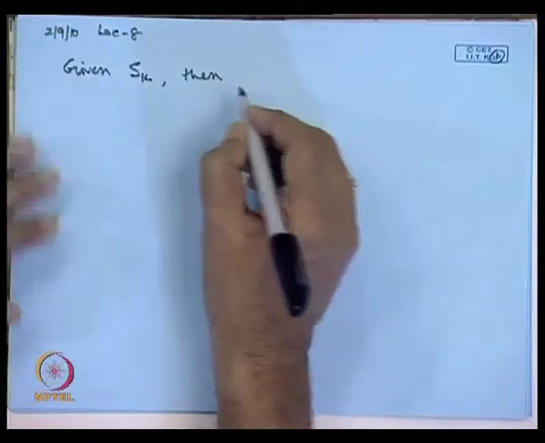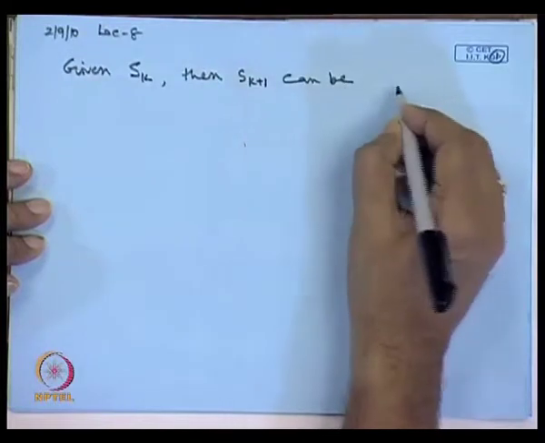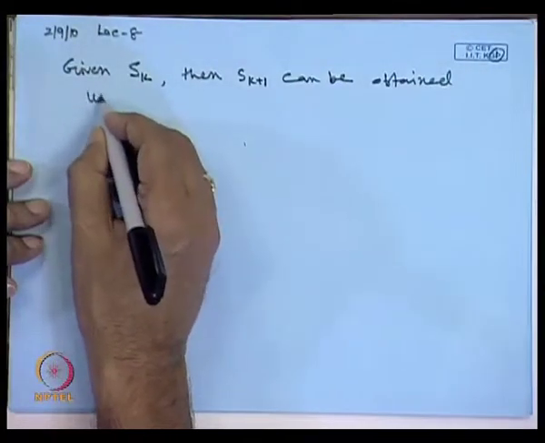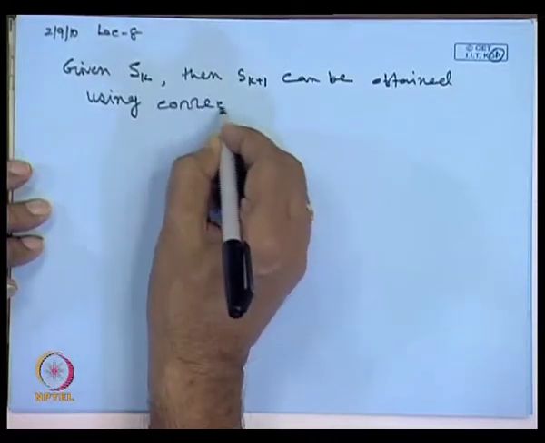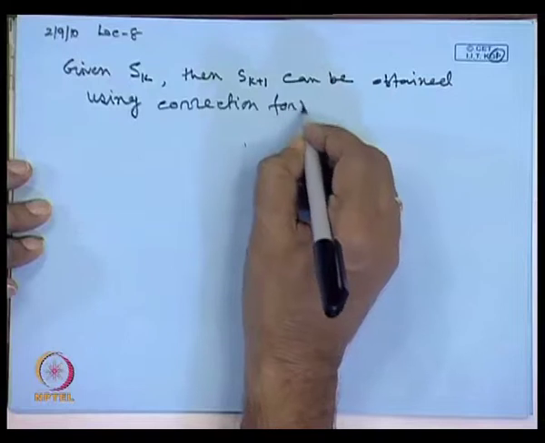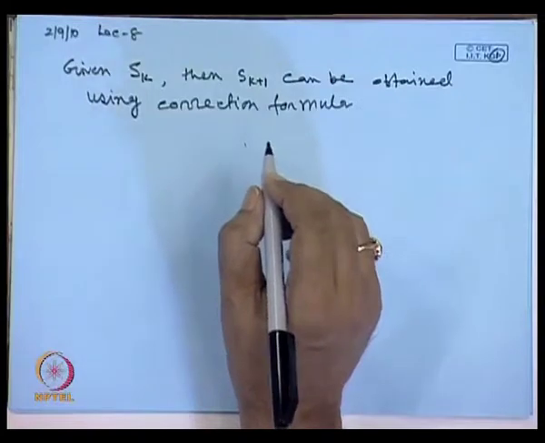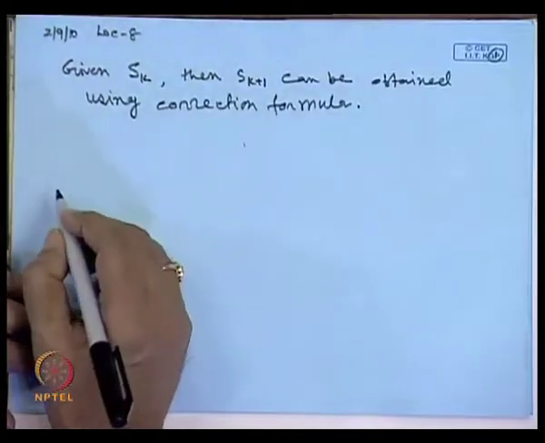x k plus 1 can be obtained using a correction formula, and that correction formula is based on a rank 1 or rank 2 type correction. Various types of correction formulas are available, one of rank 1, another of rank 2.